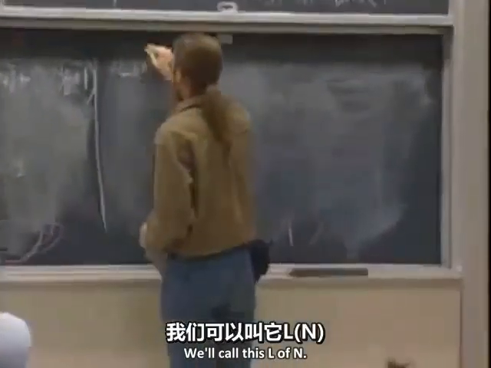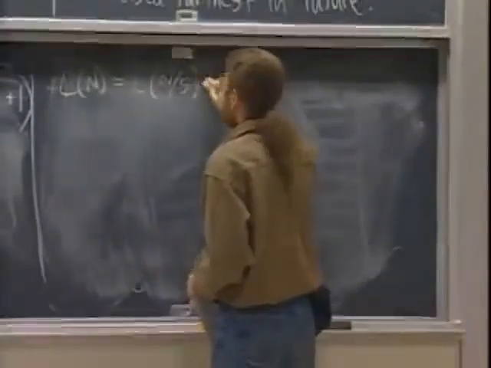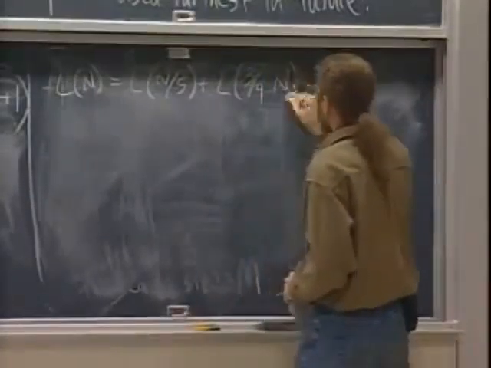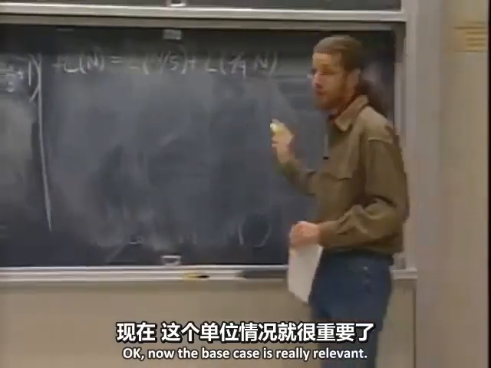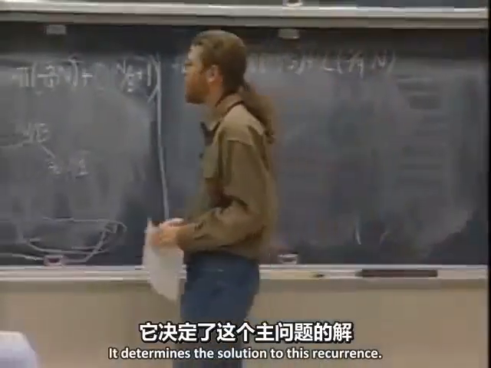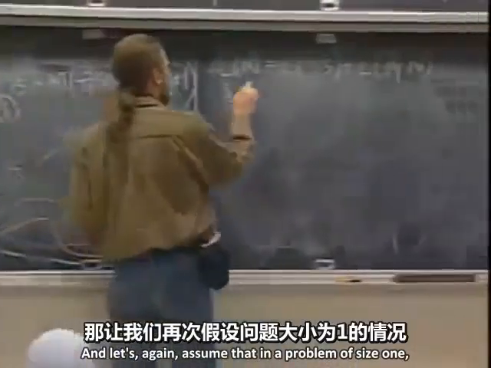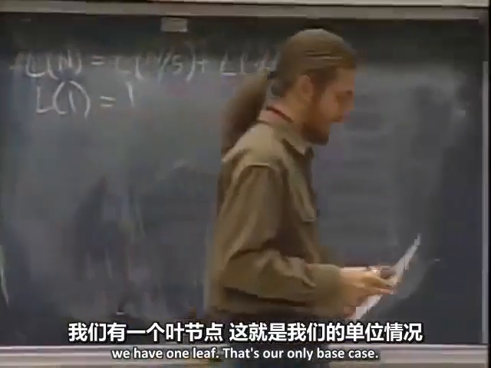Call this L of n. Okay, now the base case is really relevant. It determines the solution to this recurrence. And let's again assume that in a problem of size 1, we have 1 leaf. That's our only base case.